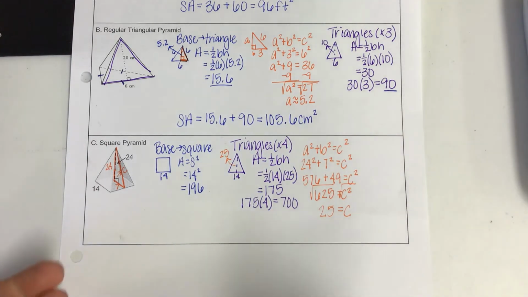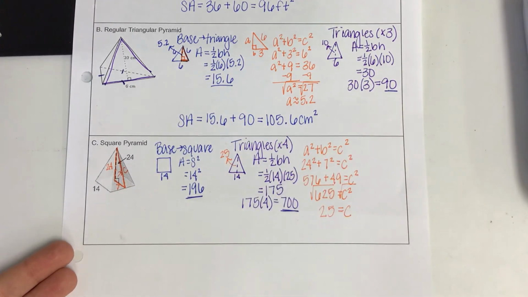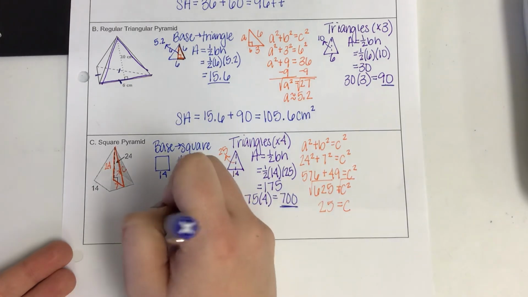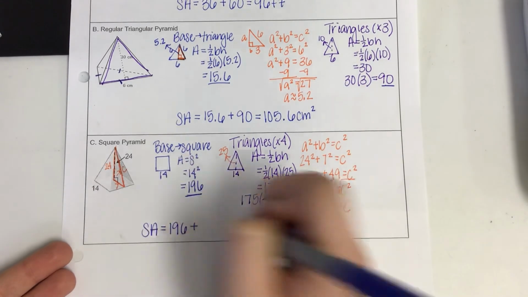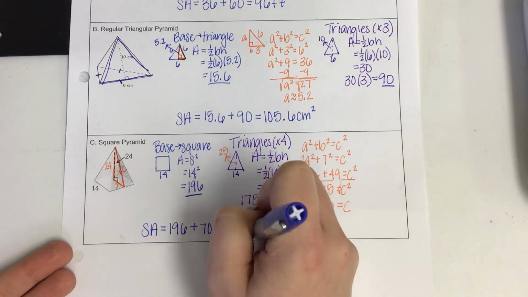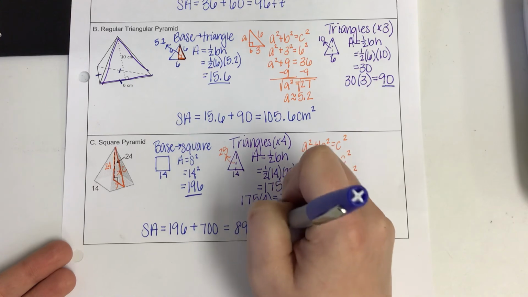I now have the area of my square base, and I have the area of all 4 triangles, so now I can find my total surface area. That is 196 plus 700, and that's going to give us 896. We don't have units, so I'm going to just put units squared.